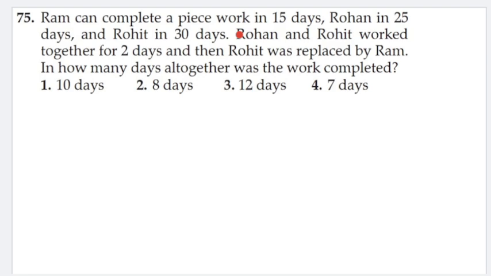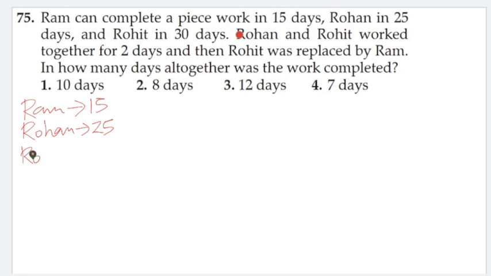Okay, so now what we have to do first, we have to just write, that is Ram can do the work in how many days? 15 days. And what about Rohan? Rohan in 25 days. And what about Rohit?